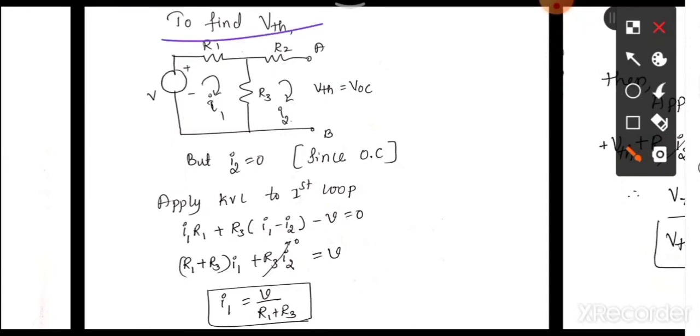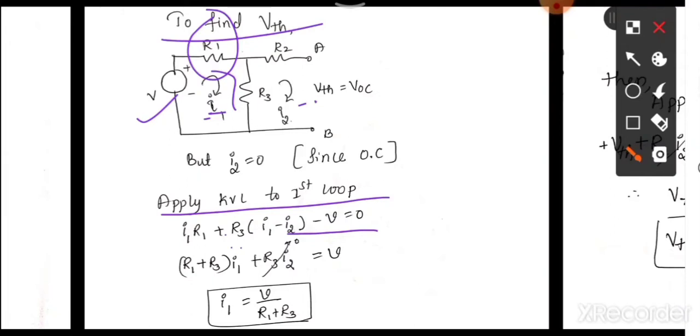So first, apply KVL for the first loop. We are very familiar with this. In the first loop, I1 R1 plus R3 into, since two currents are there in opposite directions, R3 into (I1 minus I2), and then the voltage source minus V equal to 0.